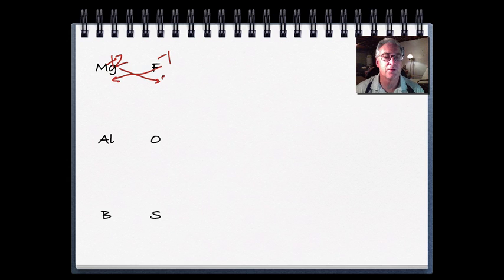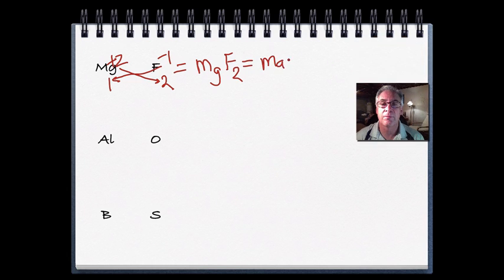And this will have a 2, this will have a 1. So we have Mg, and don't put a subscript of anything there. And then fluorine becomes fluoride, like this. So it would be magnesium fluoride, IDE. So that's how you do that one.